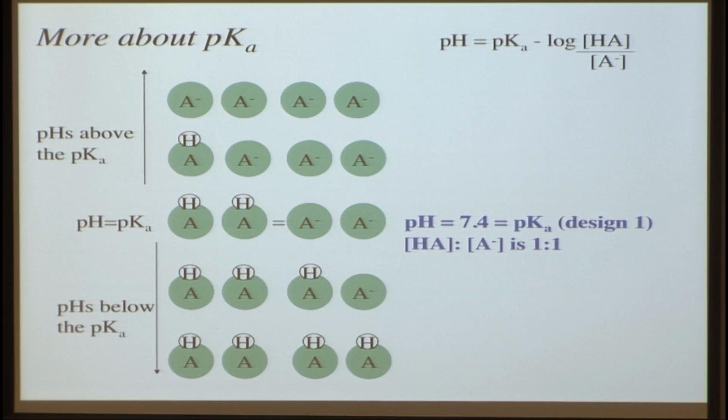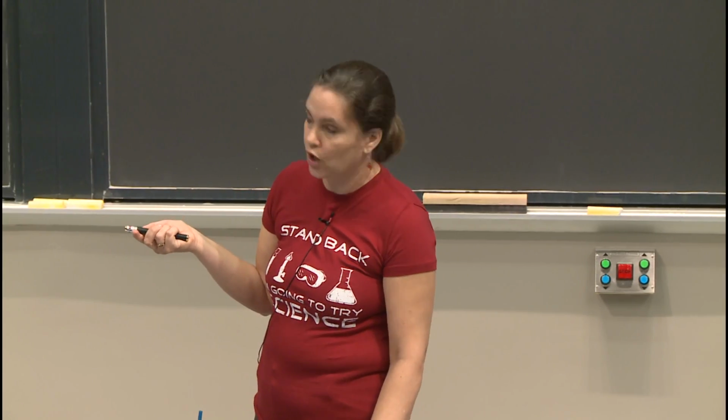It's 1 to 1. And so that's going to mean only 50% maximum efficiency. And so here you see that when the pH is equal to the pKa, you have equal moles of HA as you have A minus. So you can't possibly have more than 50% efficiency, 50% glowing.